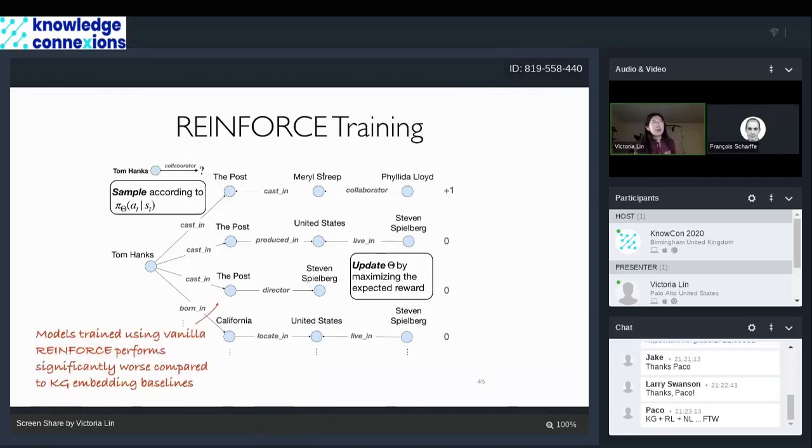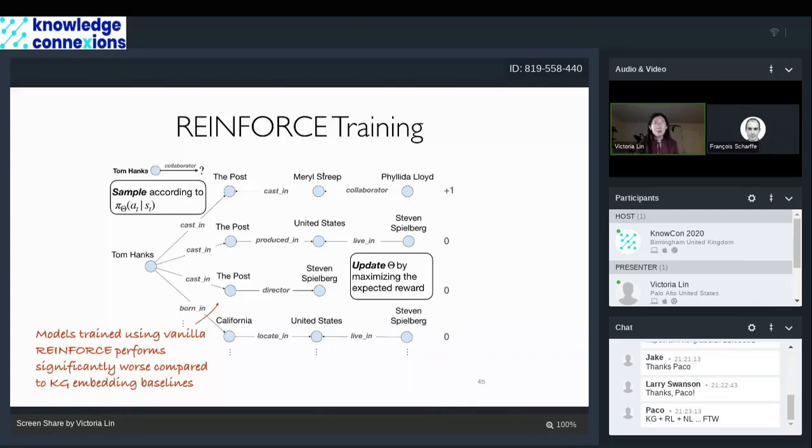However, as shown in the MINERVA work, models trained using vanilla reinforcement learning in this way significantly underperform KG embedding methods on several benchmark datasets. So this motivates us to zoom into this approach. We like this approach because it enables effective path search in the knowledge graph.